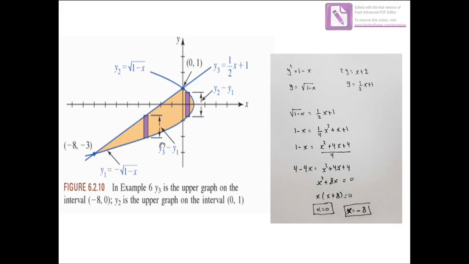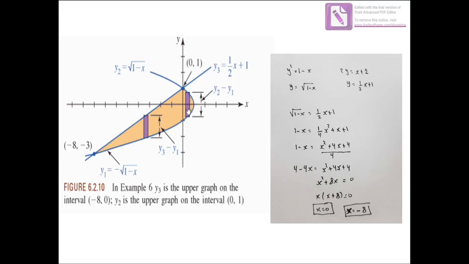The lower part, this one, will be minus root 1 minus x. So for the interval from minus 8 to 0, we know which one is the upper one, which is this one, half x plus 1. And the lower one, this one, is minus root 1 minus x.